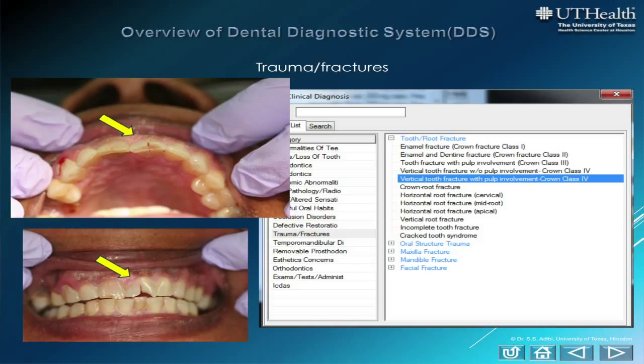After complete review of medical and dental findings, it was discovered that tooth is non-vital and asymptomatic, otherwise, with vertical fracture through two roots. Therefore, a diagnosis of vertical tooth fracture with pulp involvement was selected for this case.